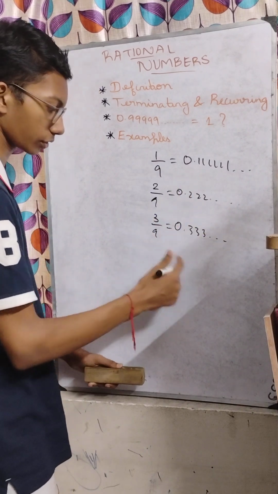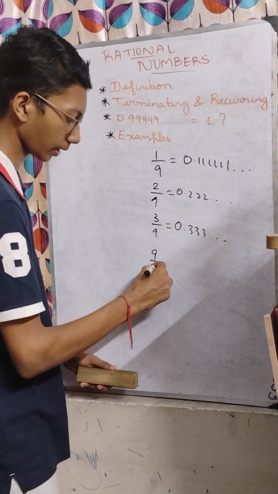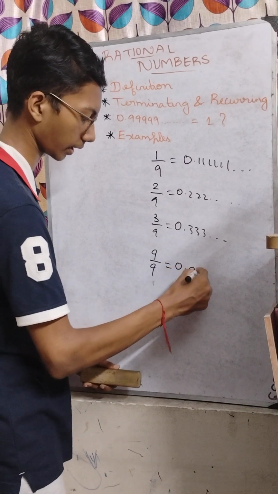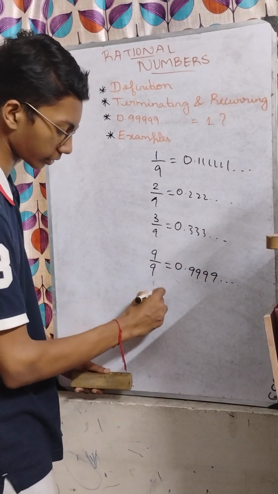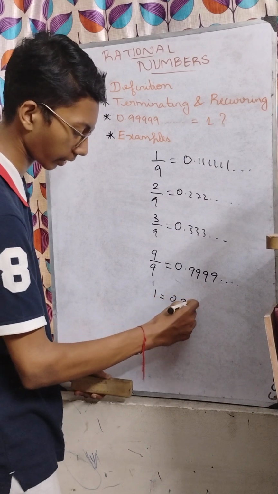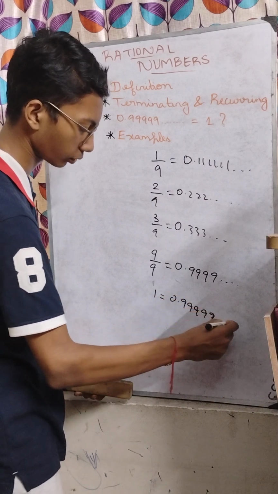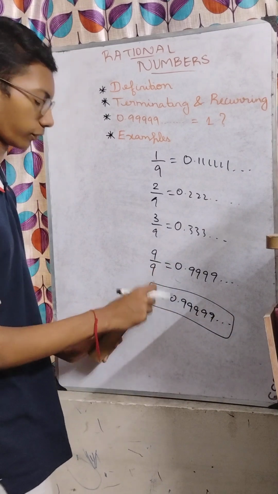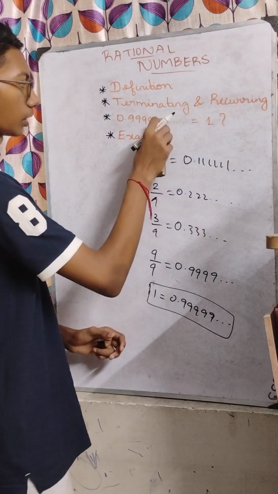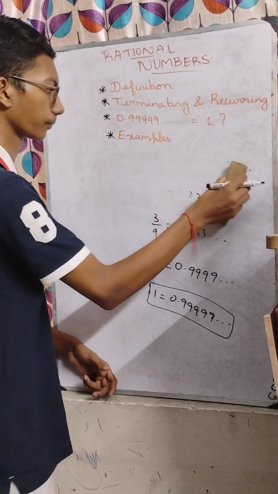So if we follow the same pattern, 9 by 9 must be 0.99999. But we know 9 by 9 equals 1. So 0.99999 going on to infinity equals 1. This is another kind of proof. So this is about the interesting equation.